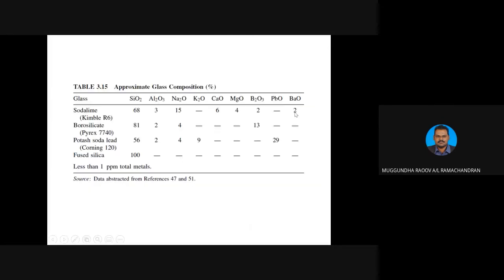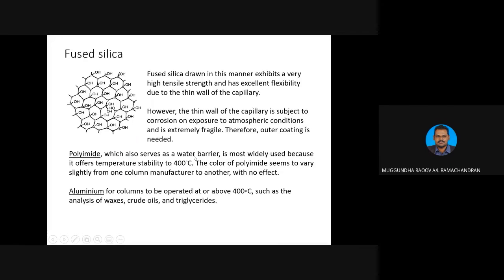Now class, this is the approximate glass composition. For example, compared to soda lime and other materials, fused silica is basically 100% SiO2. This is the picture of fused silica.